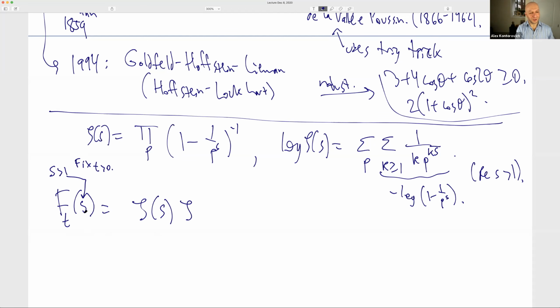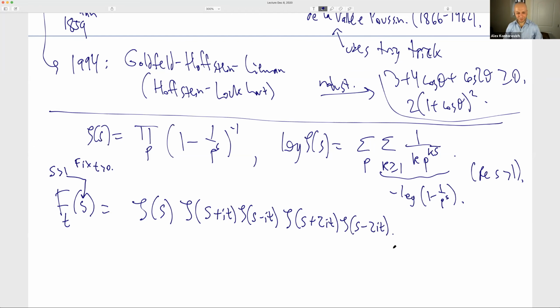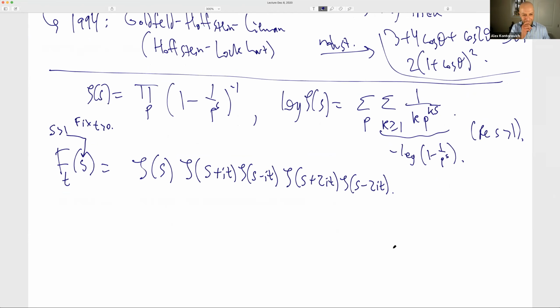So I'm thinking of, really maybe I should be calling this sigma, but too late, I'm calling it s. S plus it, s minus it, and 2it, and minus 2it. And then we're going to put some powers on these things, as you'll see in a second. Okay, so far so good.